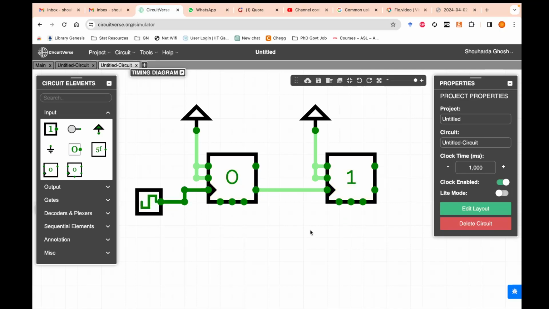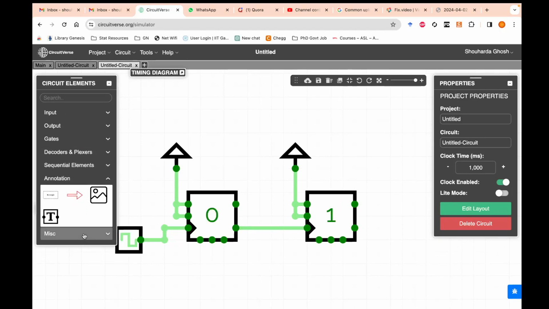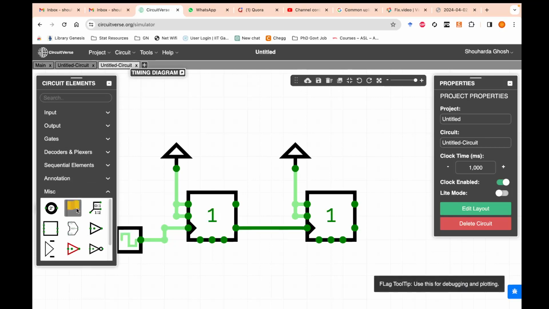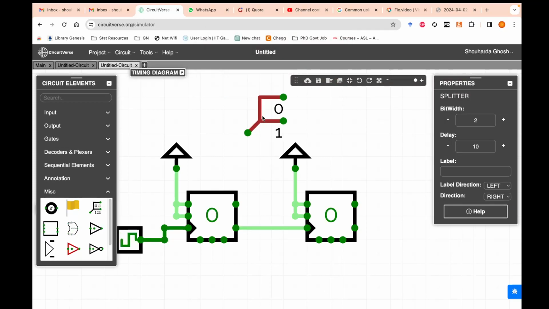Okay, so now let's look at the output of these flip-flops, or the counters to be more precise. So I will use something called a splitter over here, which will help us see the outputs properly.